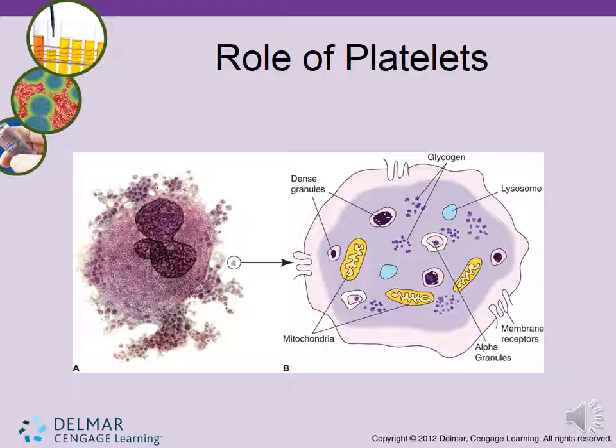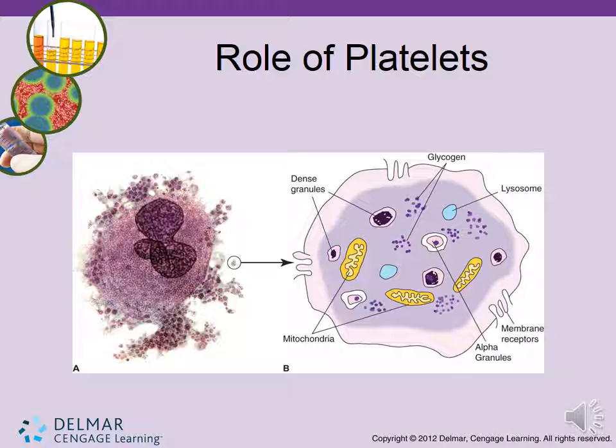You'll notice illustration B, that diagram shows the internal structure of a platelet. Platelets don't have a nucleus, but they do have other components included, like mitochondria. You see that's going to help with energy, things like that. So, as I said, you can see the internal structure of the platelet.